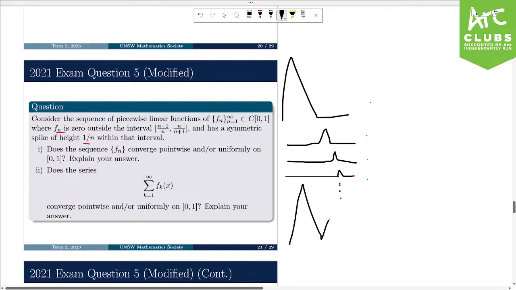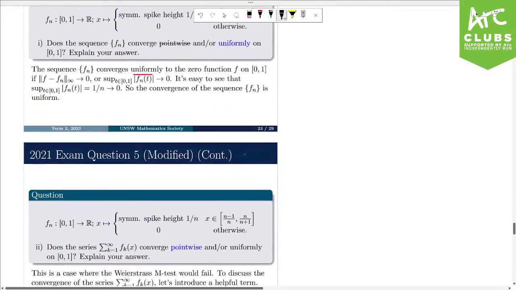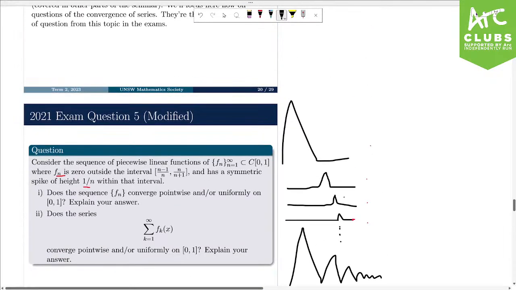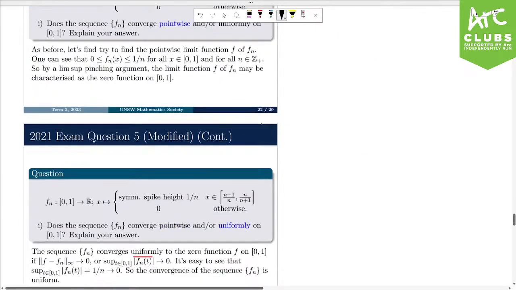So it will look something like this, with the spikes getting smaller and smaller. And we want to find a way to express this, taking every spike and putting them together.